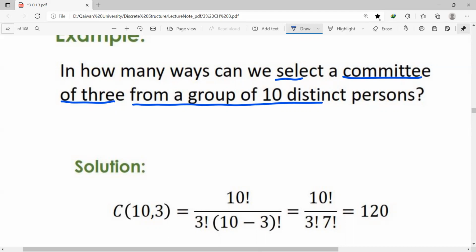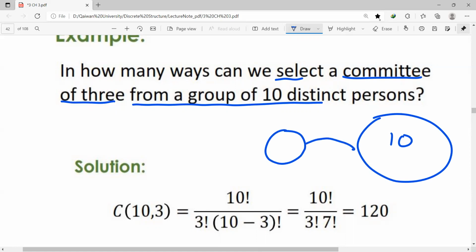For the combinations, we say we can use combination if the ordering is not important. Here, the ordering is not important. We have 10 people, and we want to make a committee of 3 from these 10 people.